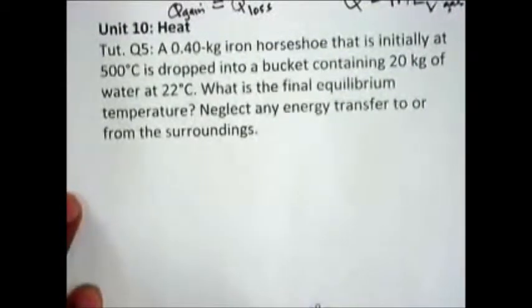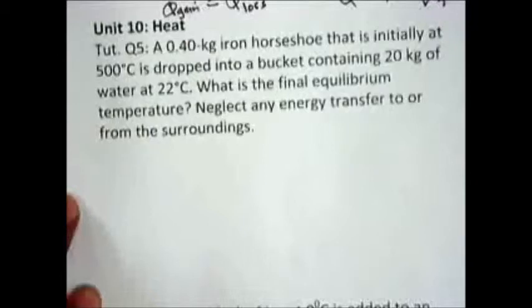If you look at tutorial question 5, it says a 0.4 kg iron horseshoe that is initially at 500 degrees Celsius is dropped into a bucket containing 20 kg of water at 22 degrees Celsius. What is the final equilibrium temperature? Neglect any energy transfer to or from the surrounding.